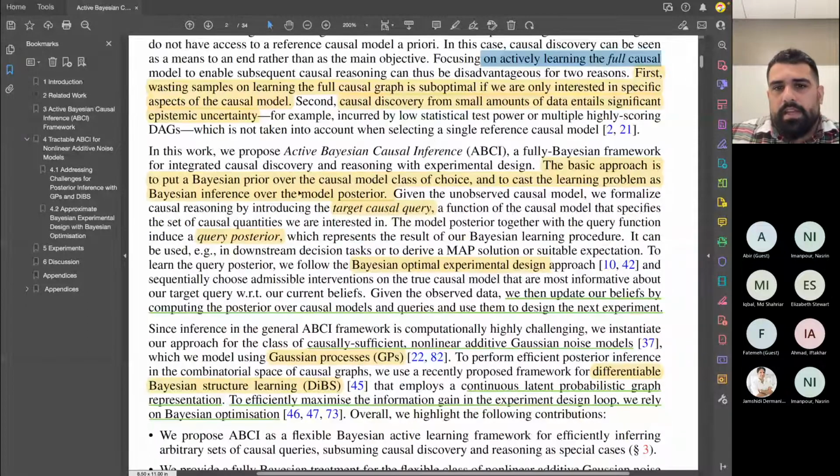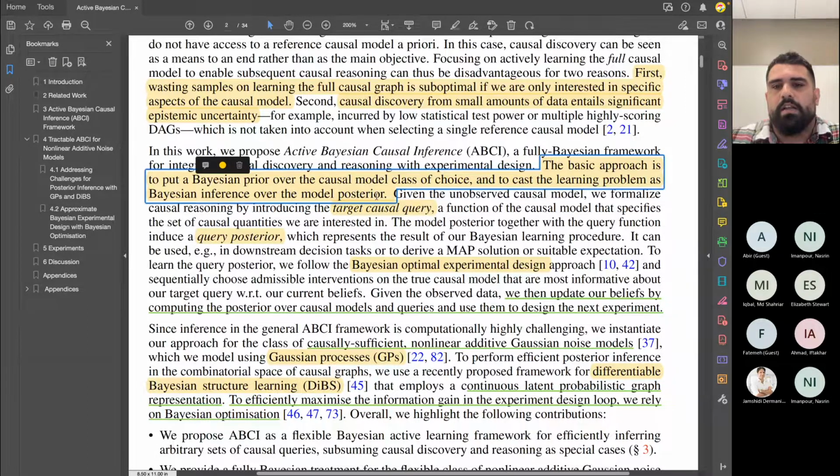So they propose ABCI, active Bayesian causal inference, where the basic approach is to put a Bayesian prior over the causal model class of choice, and cast the learning problem as Bayesian inference over the model posterior. Because they don't want to learn the full graph, they take a Bayesian approach: after each cycle, the prior is updated, and based on the interventions they perform, their posterior becomes updated.